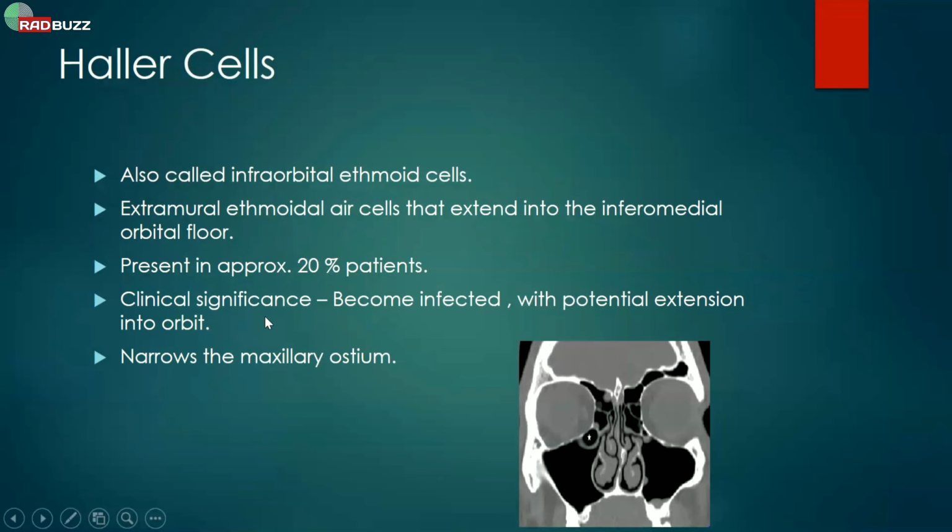Now, the clinical significance of this is that it can become infected and has a potential extension into the orbit. At times, just this portion is infected, goes into the orbit, breaching this wall, and the rest of the paranasal sinuses are fine. Another thing is it narrows the maxillary ostium, which is the draining part of the maxillary antrum. So it has narrowed a little bit.